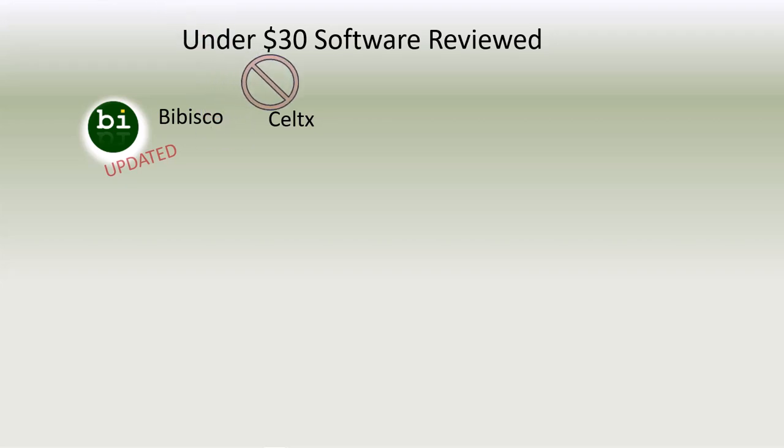So I'm going to say that this is no longer on my list of software to consider. $135 per year is a bit too much for me, and just because of the money, I'm taking that out of my list. But if you want to look at it, feel free to go look for Celtext and try it out if you want.